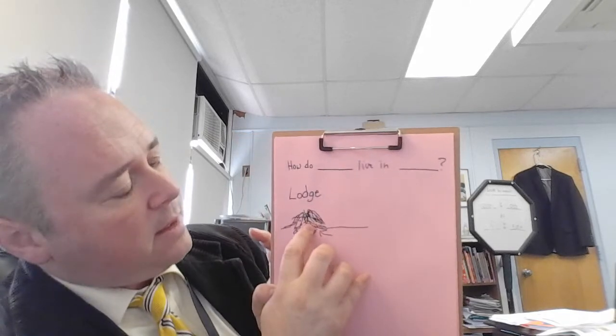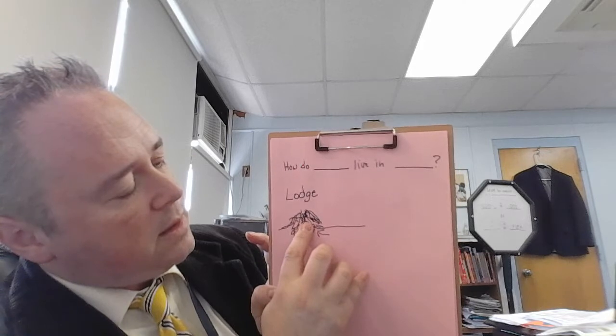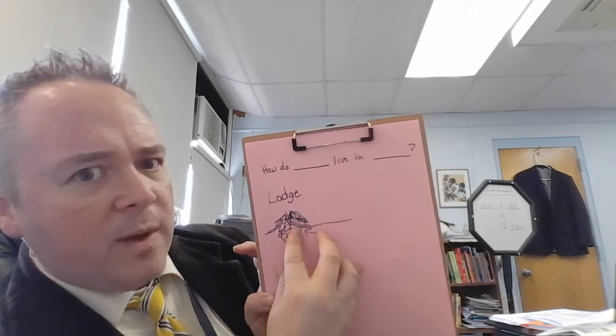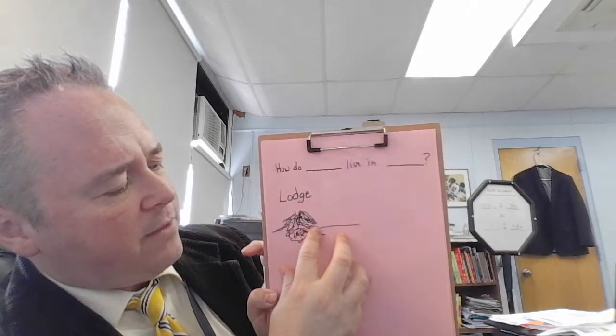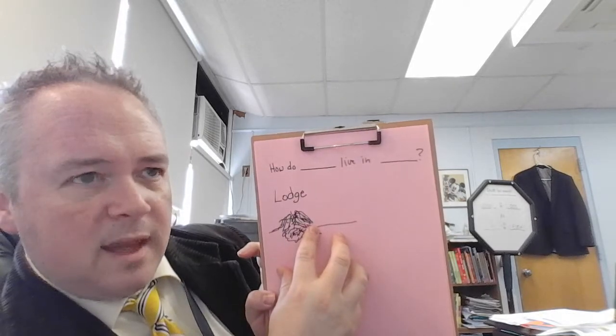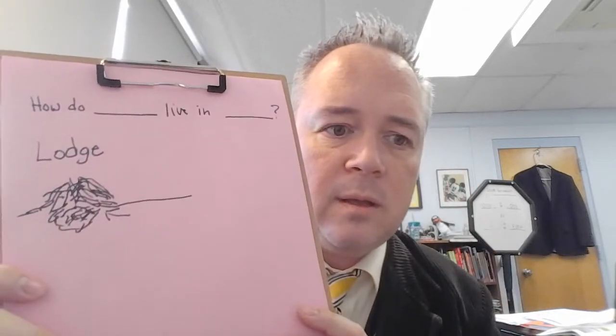What else? The lodge is on the water, but it's not floating away, right? So somehow I think the beaver puts it a little bit on the land to anchor it so it doesn't float away, and then the beaver can stay safe living inside. Do you see what I did? I jotted about it, I thought about it, and I'm going to do the third thing.